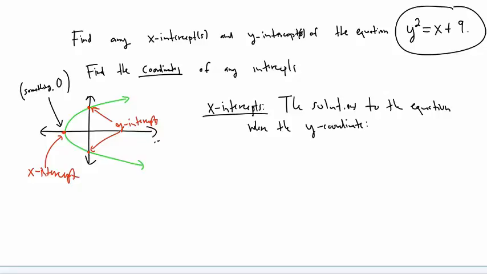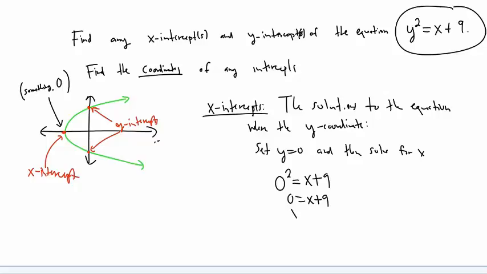So to pick out these solutions, you do the following. Set y equal to 0, then solve for x. So here in this equation, setting y equal to 0 gives 0 squared equals x plus 9, which leads to x equals minus 9.